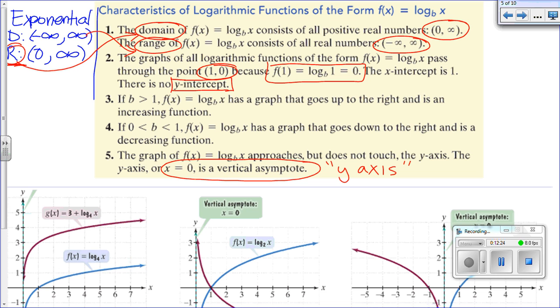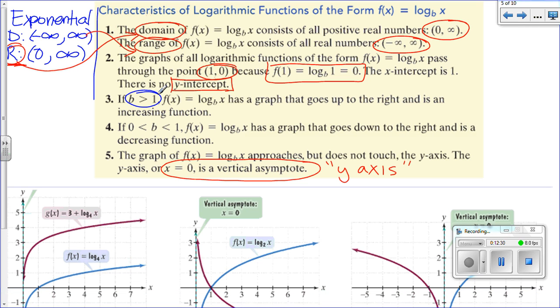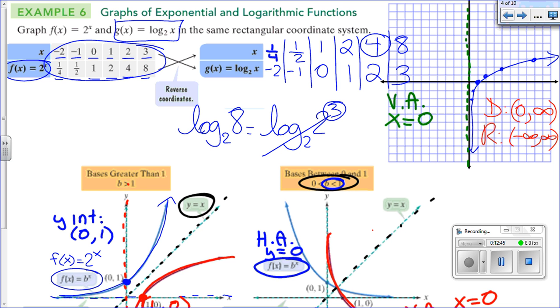Okay, what else? Oh, if the base of your log is greater than 1, the graph is going to be increasing. And if your base is less than 1 but still positive, then you will have a decreasing function. Same thing as exponential.